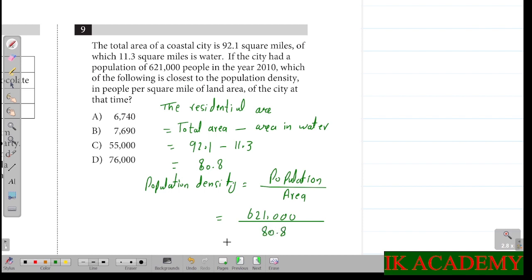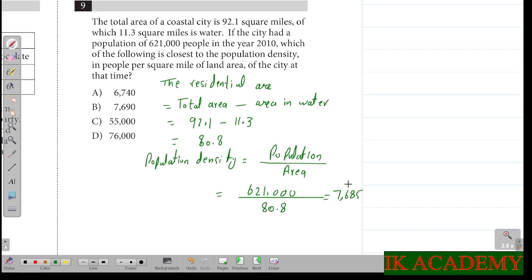If we divide these, it gives us 7,685 per square mile. So the number of people living per square mile is 7,685.